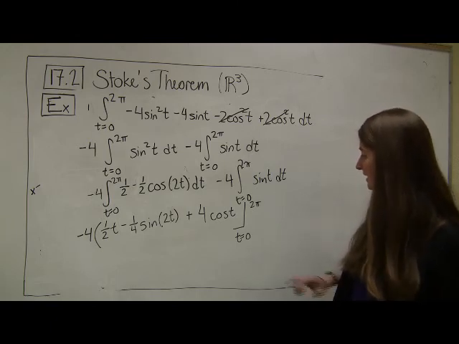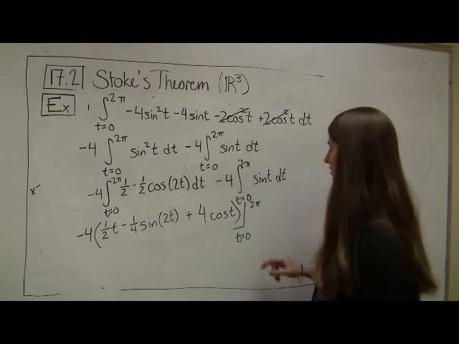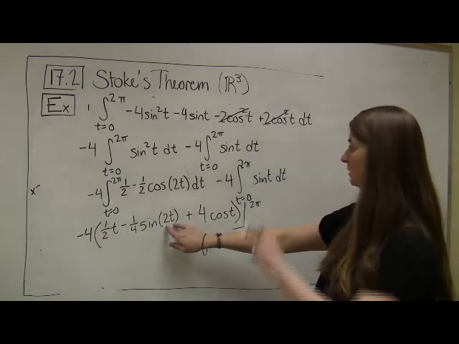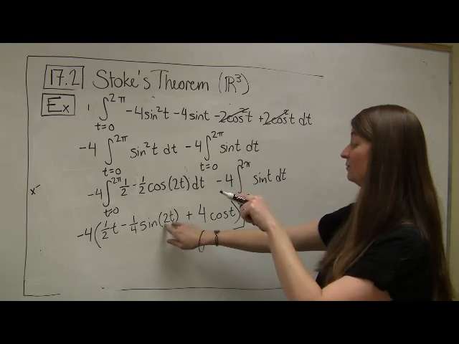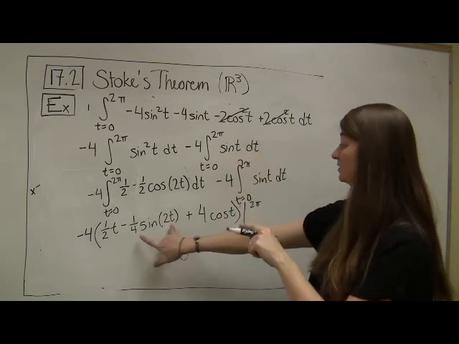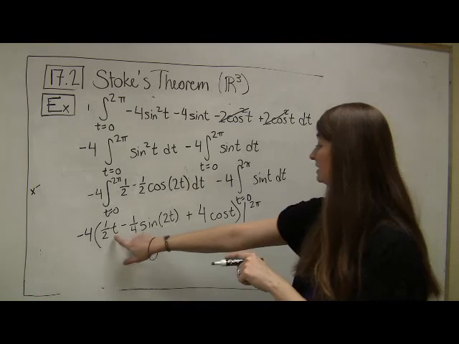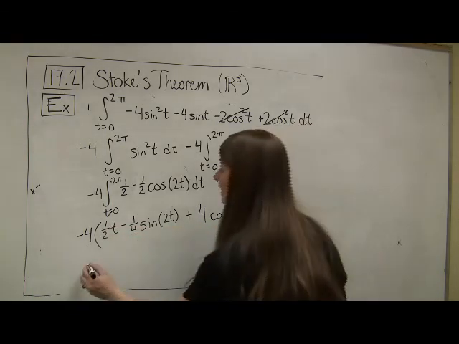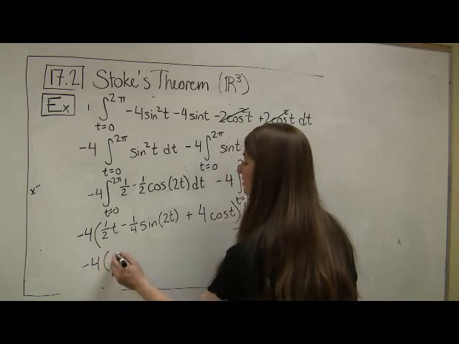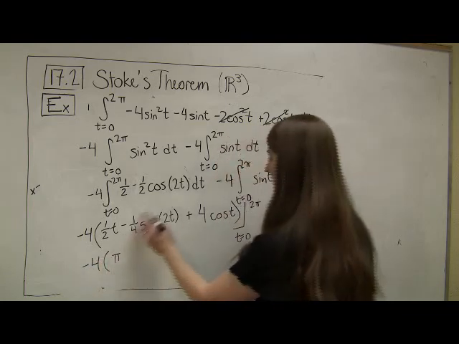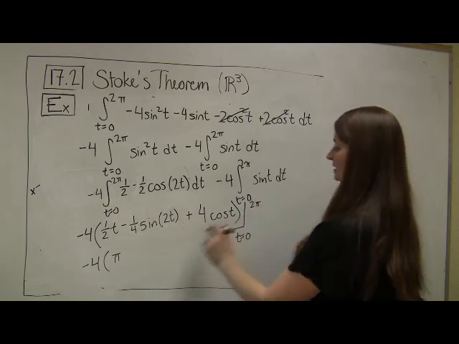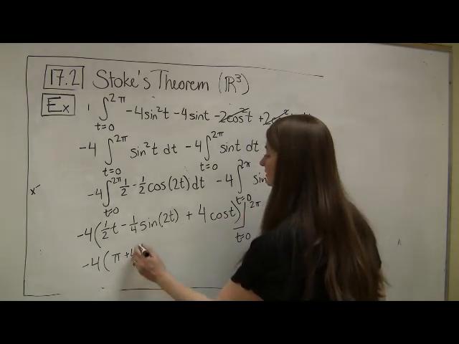When I plug in 2 pi, the sine of 2 pi is 0, and the sine of 4 pi is also 0. So this term becomes 0. This term becomes 1/2 of 2 pi, which is just pi. So leaving the -4 out front, I end up with pi minus 0 plus cosine of 2 pi, which is 1, plus 4.